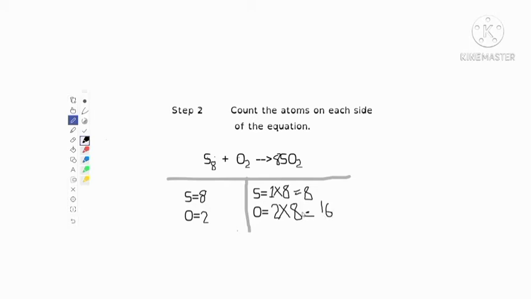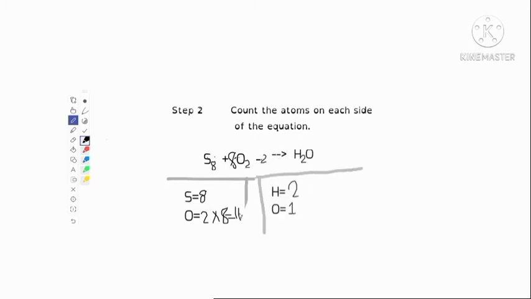Now our oxygen has become unbalanced. In order to balance it, we also have to change the left side. So we can put 8 on the oxygen on the left side, so it will also get multiplied by 8 and become 16. So our whole equation has been balanced, as you can see there.